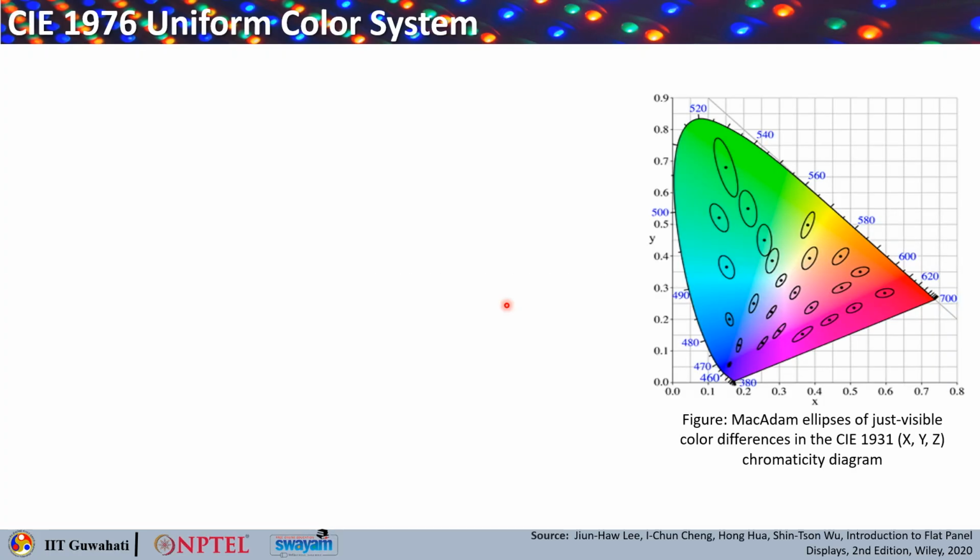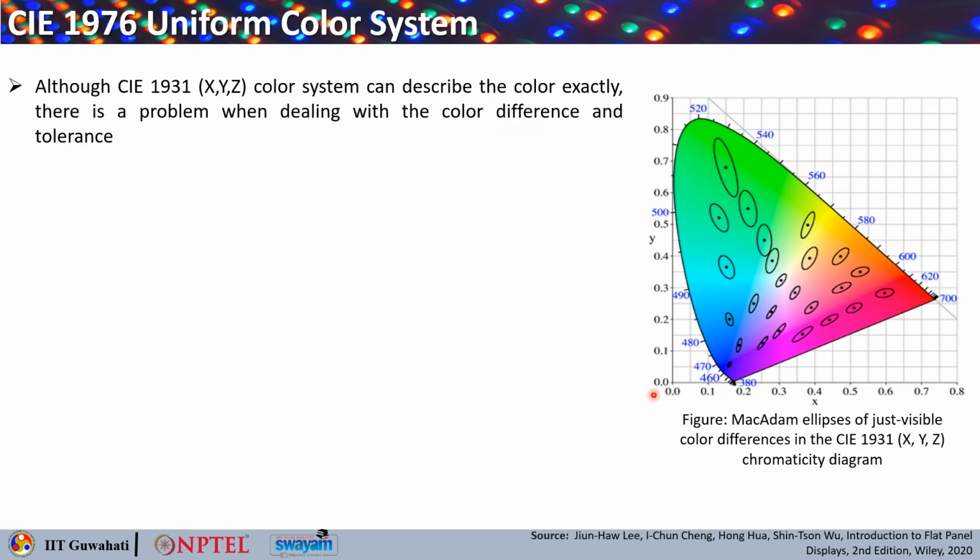So let us go back to the CIE 1976 uniform color system. If you remember, this is how the horseshoe-shaped color system, or the colorimetric space, looks like, right. We have seen this kind of map in the 1931 color system as well.